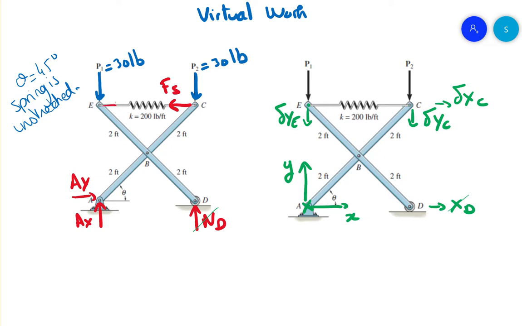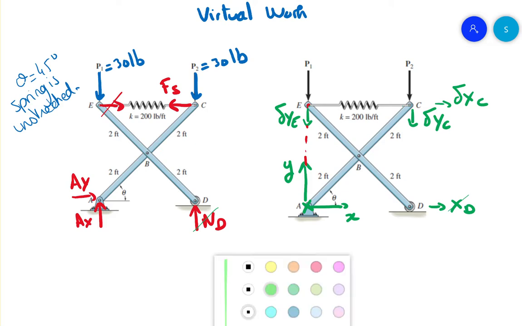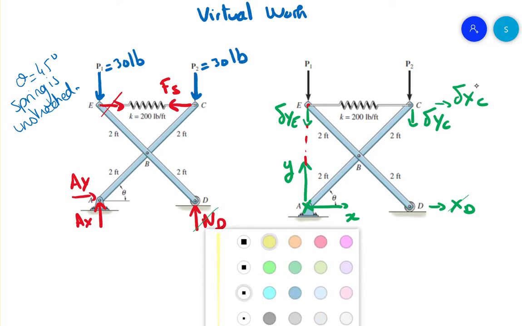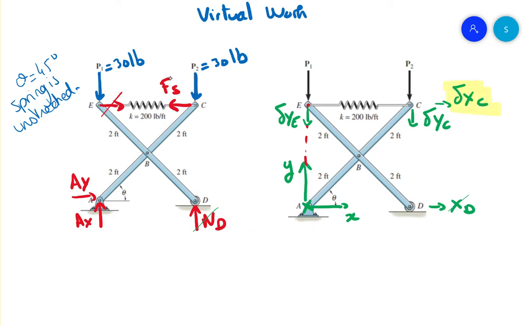And to the right, we have a force of the spring too, but this force doesn't work because E stays vertical, aligned with the point A. So we need to take into account the delta YC and delta XC for the force of the spring, the delta YC for P2, and the delta YE for P1.